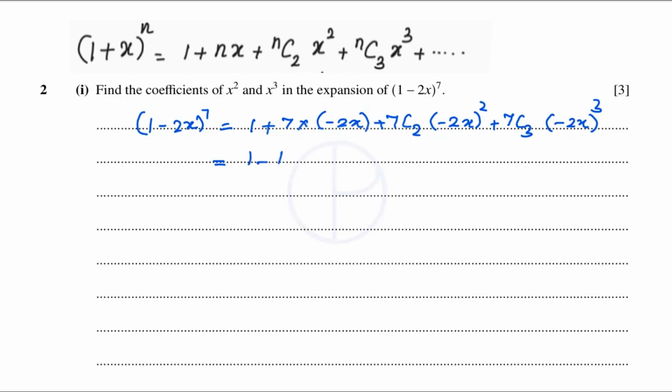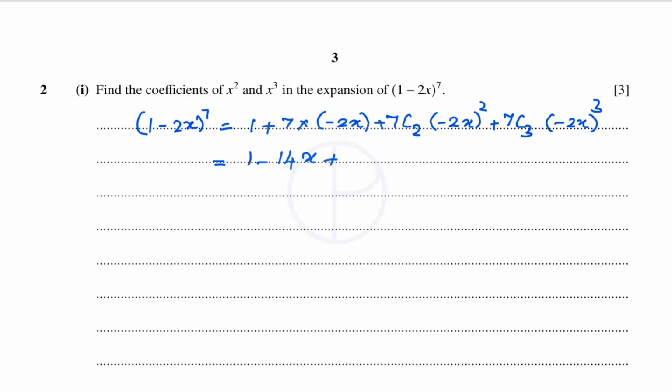So 1 minus 14x, what is 7C2, which is 21 times 4x square, plus 7C3 is 35 times minus 8x cube.